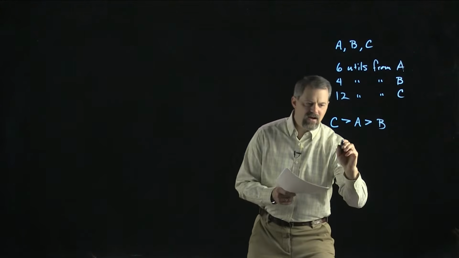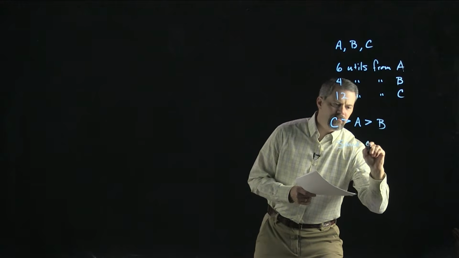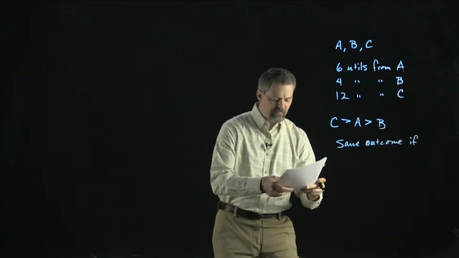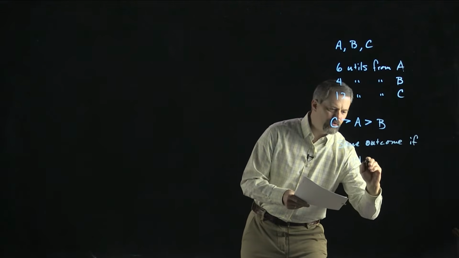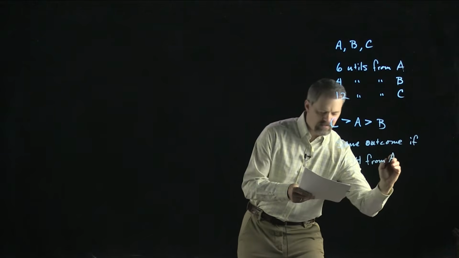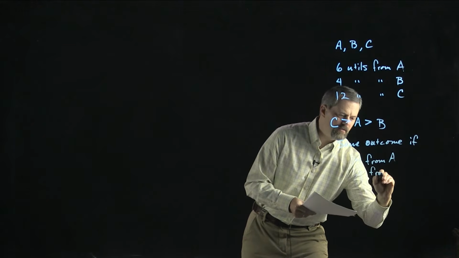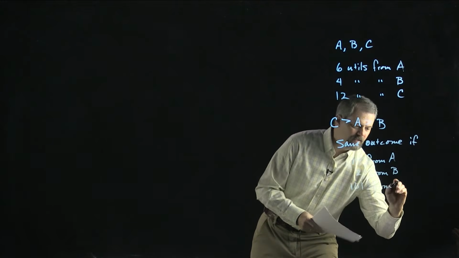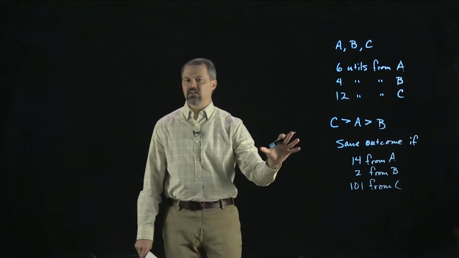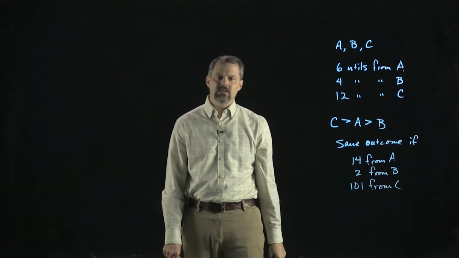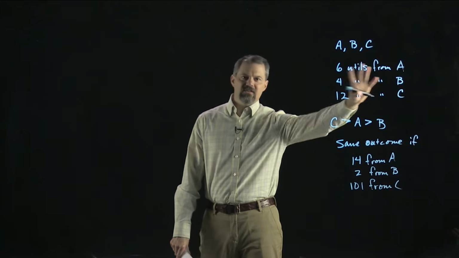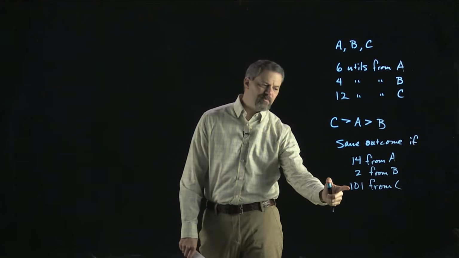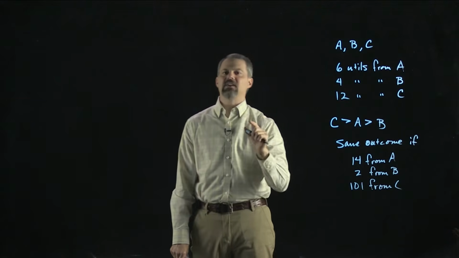We would get the same outcome if we got 14 utils from A and 2 from B and 101, let's say, from C. Suppose when we plugged it into this utility function, it gave us these numbers. This gives us the same information as that. It gives us the same order. The difference between these three things does not matter.